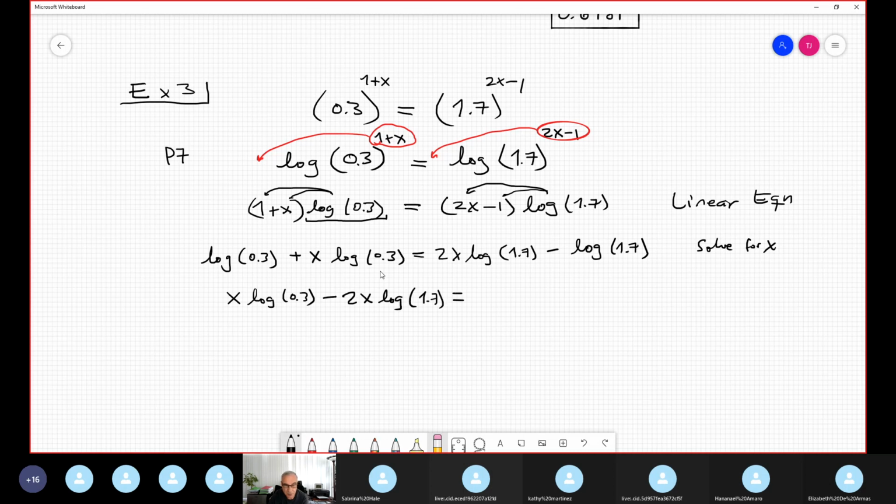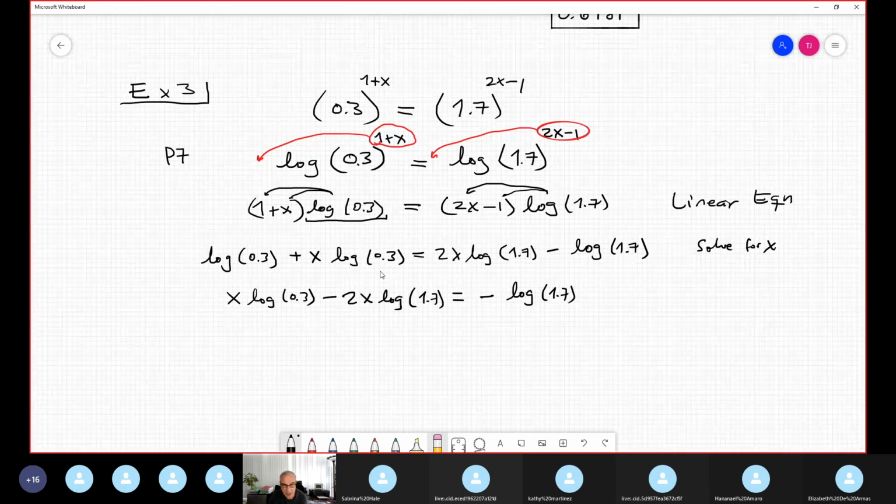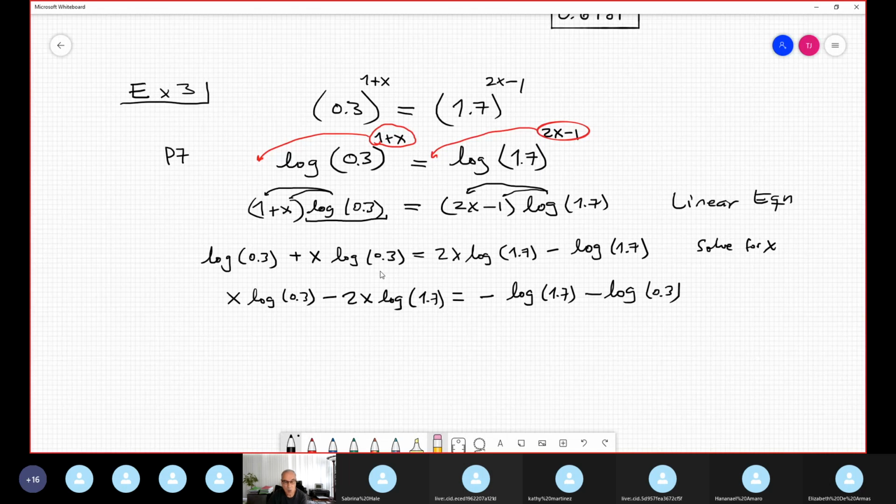1.7. This guy stays here, minus logarithm 1.7. I bring logarithm 0.3 to the right-hand side as a minus logarithm 0.3. Remember, my goal is to solve for x.